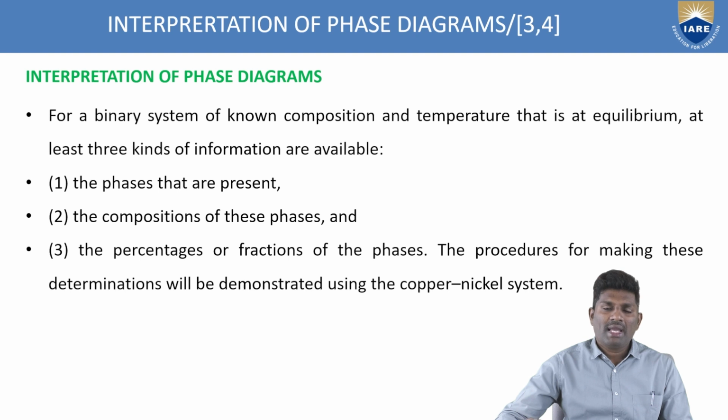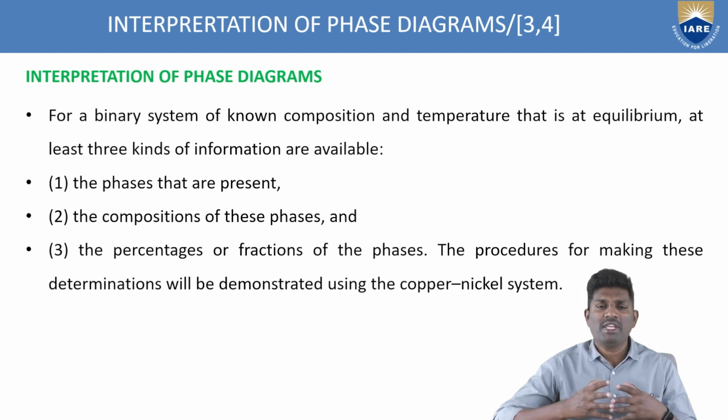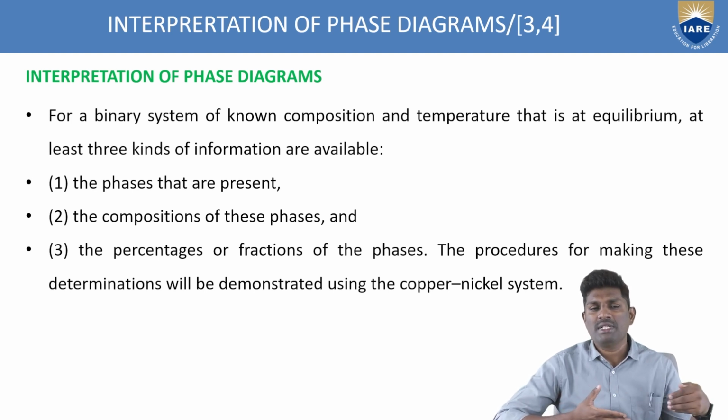Now again, you have different types of phase diagrams based upon the classification of unary or binary. In unary phase diagrams, pressure and temperature are the variables and composition is kept constant. Coming to the binary phase diagrams, the pressure is constant and composition and temperature are varied. So based upon the variables, or which is constant, you are classifying the types of phase diagrams.